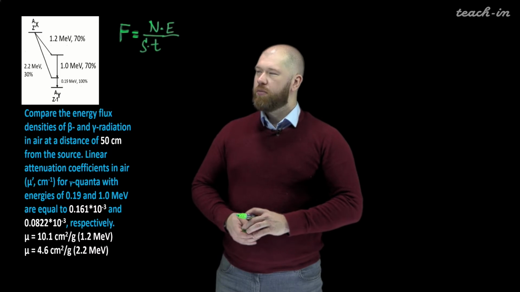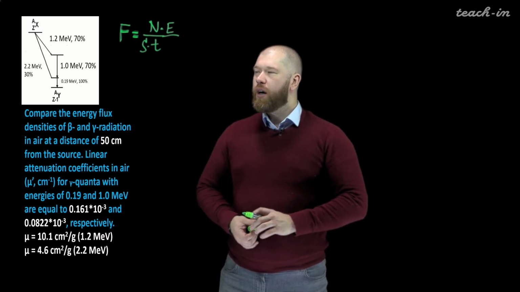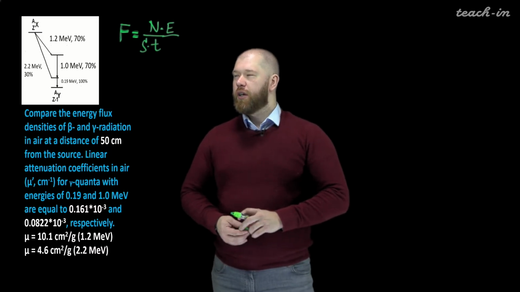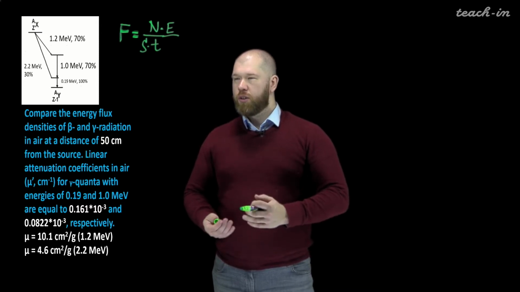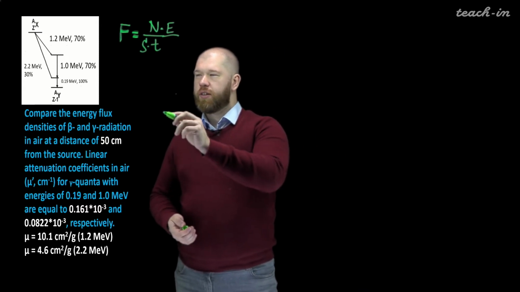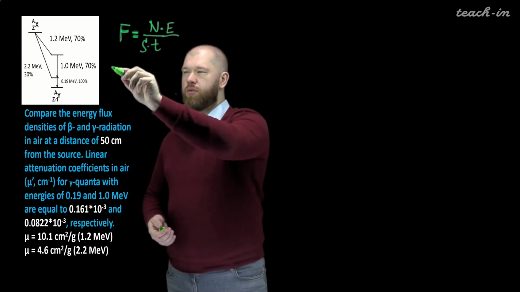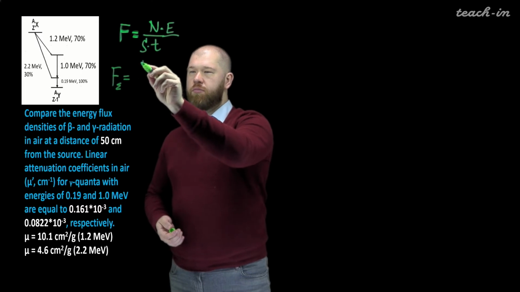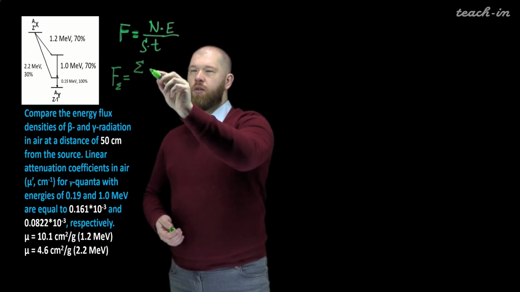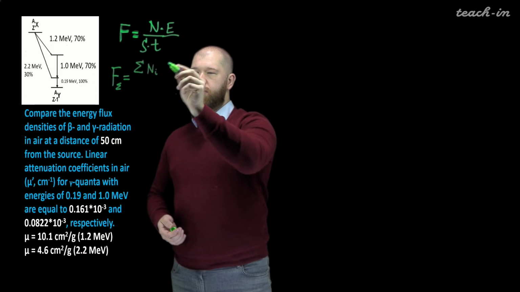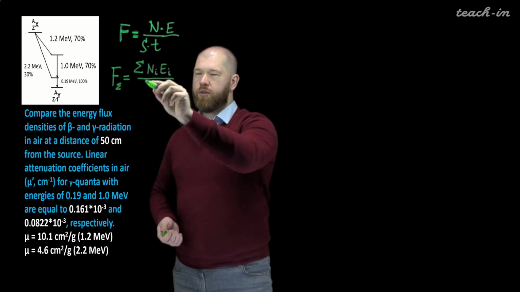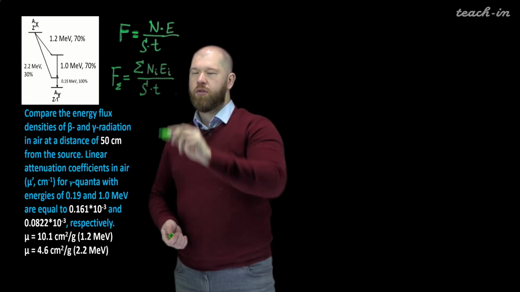But we see that there are two kinds of beta particles and two kinds of gamma quanta. In this case, the total energy flux will be just a sum of our number of particles multiplied by the energy, but the surface area will be the same for all of them.